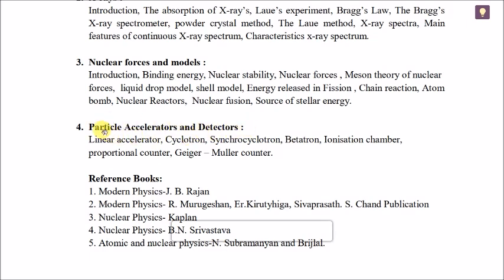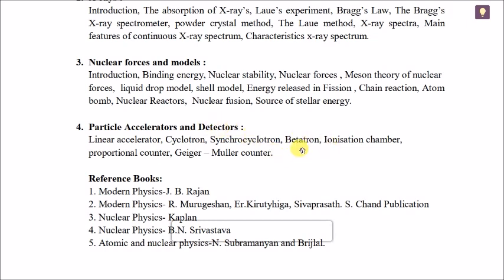So what are the accelerators? We have the linear accelerator, then cyclotron, synchrocyclotron, and Betatron. These are the particle accelerators which are used to accelerate any type of particles, whether positively charged or negatively charged. Then the next part is the detectors.